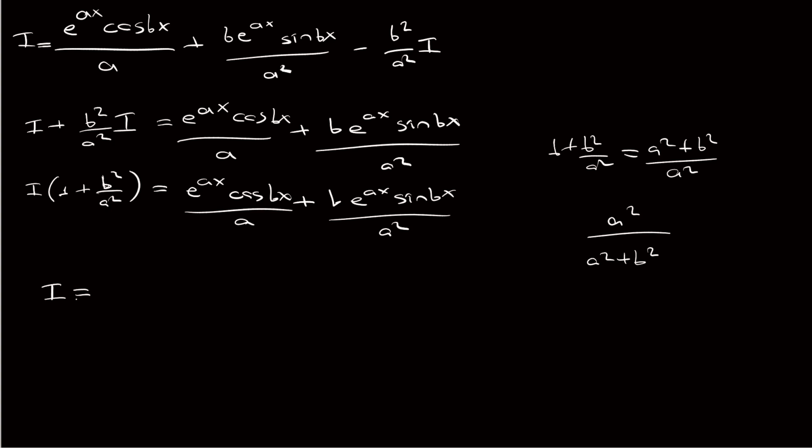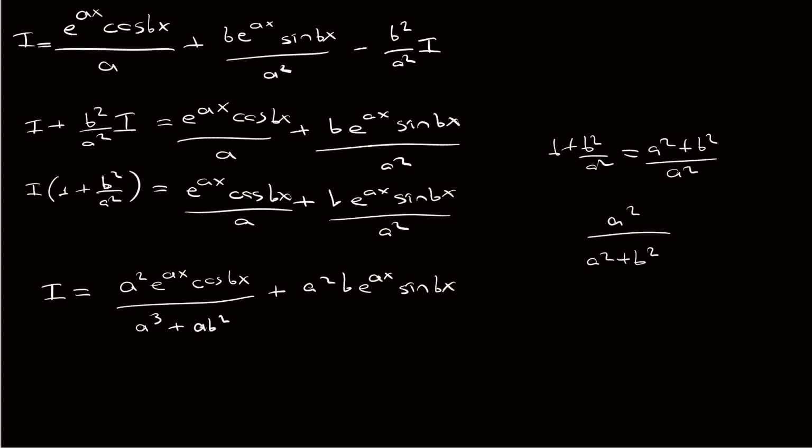I is going to be a squared e to the ax cosine b of x over a squared plus b squared. So a cubed plus ab squared plus a squared b e to the ax sine b of x over a to the fourth power plus a squared b squared plus c.